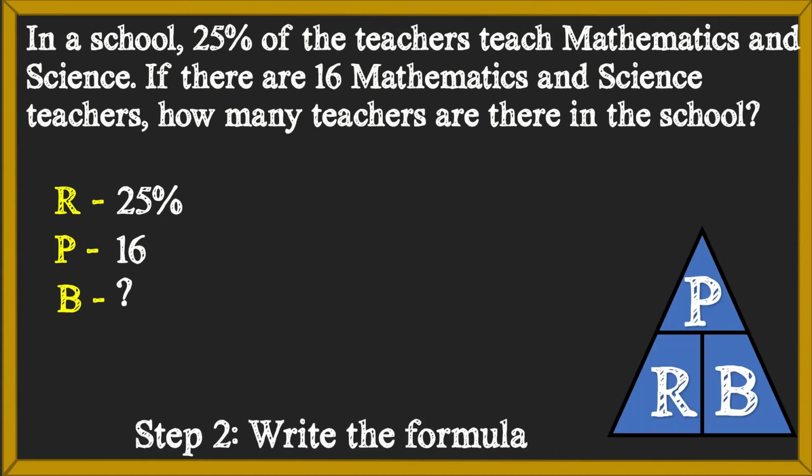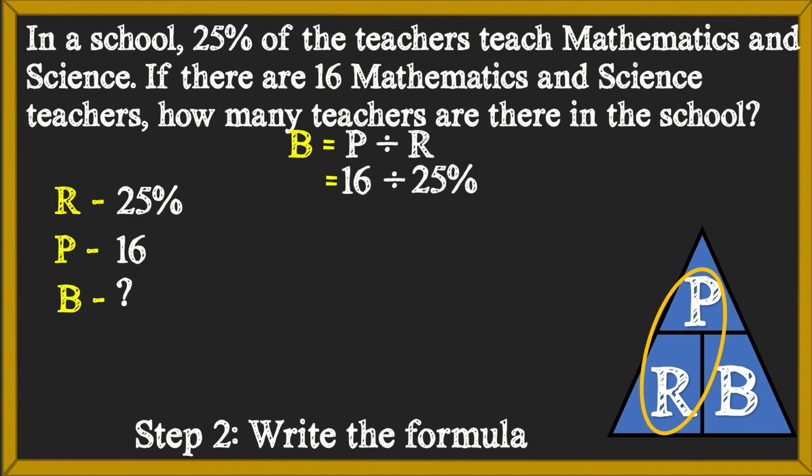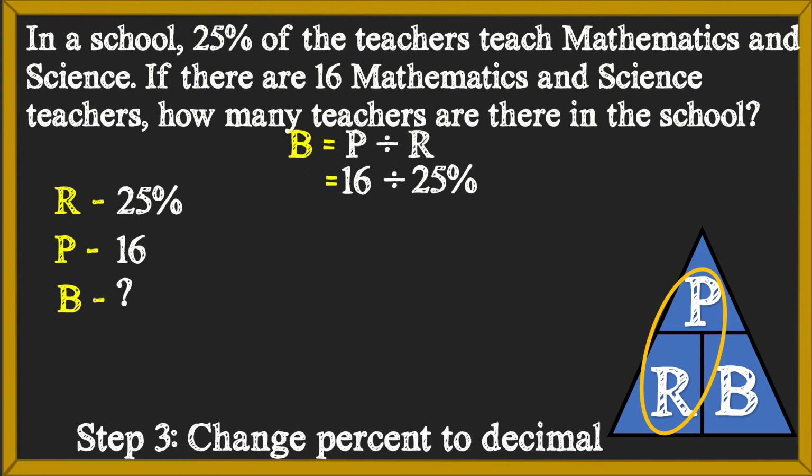Let us now write the formula. Since the base is missing, the formula will be P divided by R. P is 16 divided by R, 25%. Step 3, change percent to decimal.